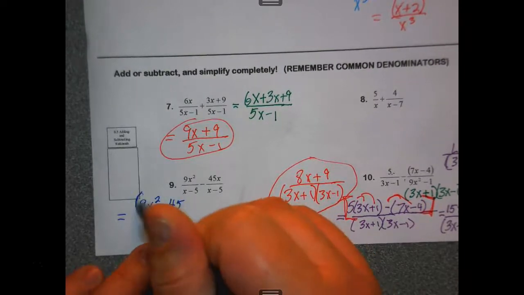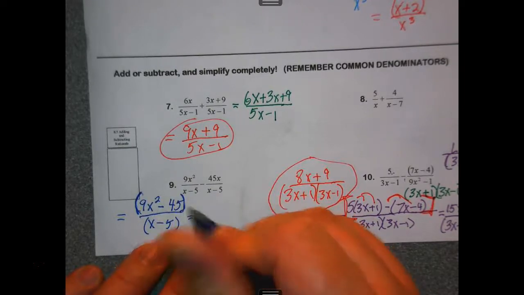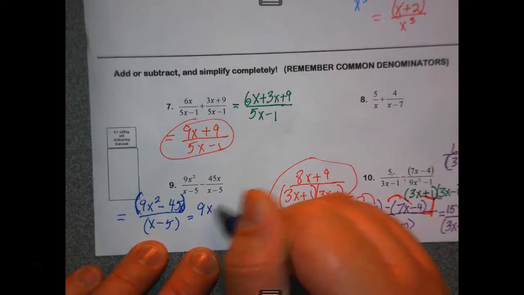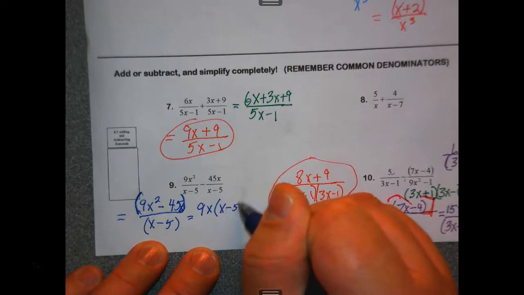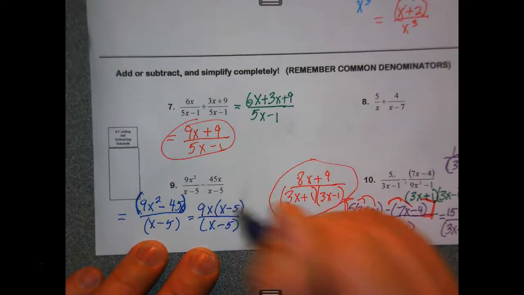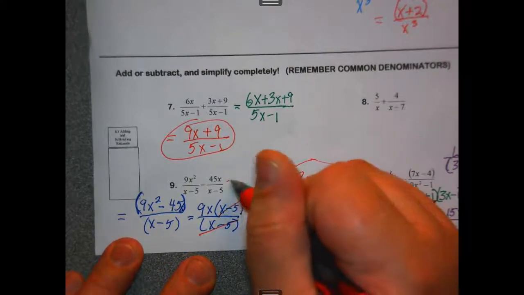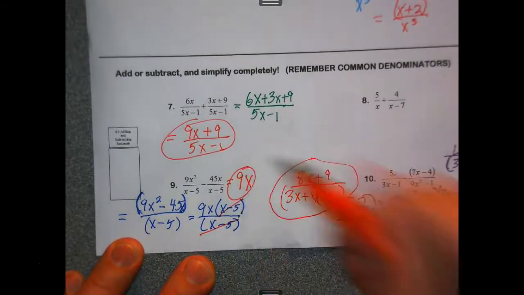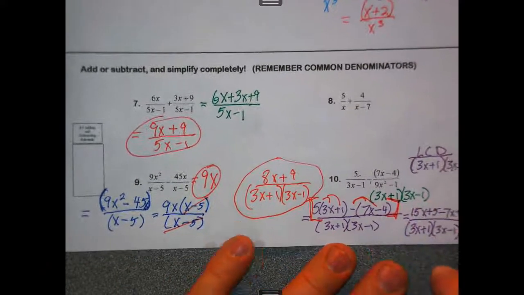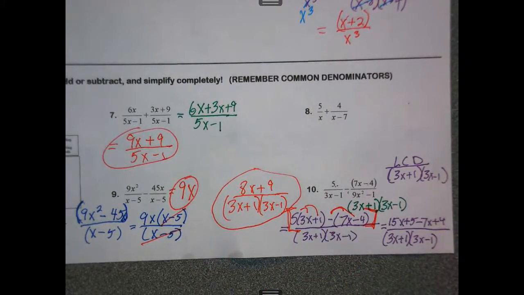These are locked in there. You could actually simplify this. Take out a 9x, right? Get x minus 5. Now I have one number up on top, right? Now I can cancel out the x minus 5. Yeah, 10's a little hard.